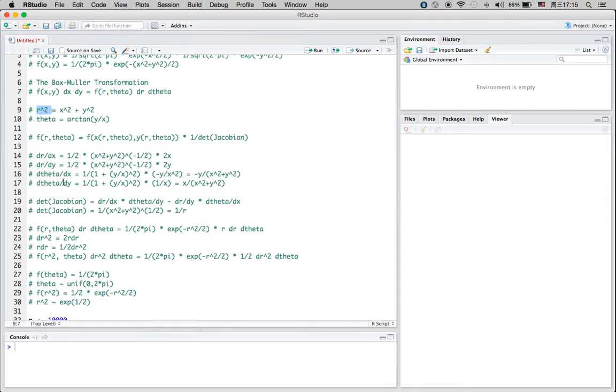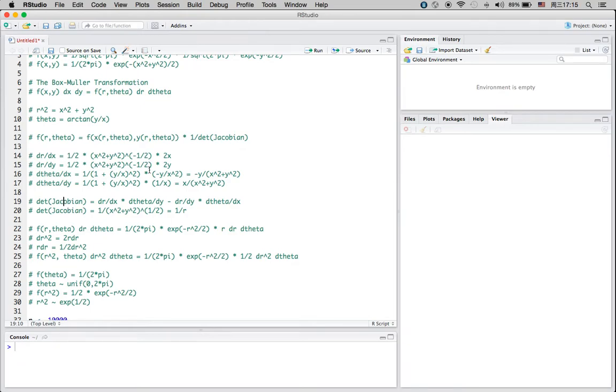Then you take the determinant of the Jacobian, which is dr dx multiplied by d theta dy, so take the diagonal, and then minus the diagonal in the other direction, and that's your determinant of the Jacobian.